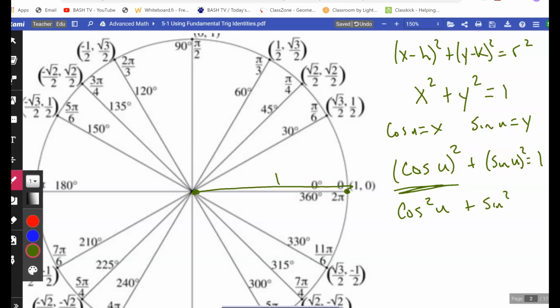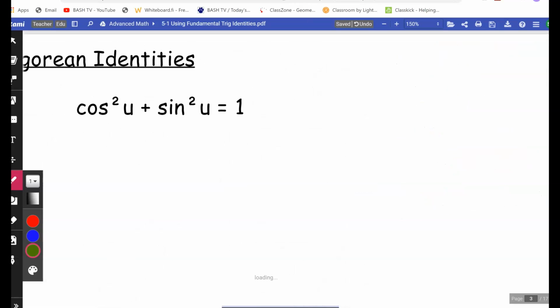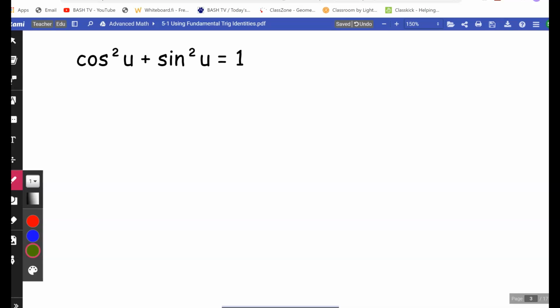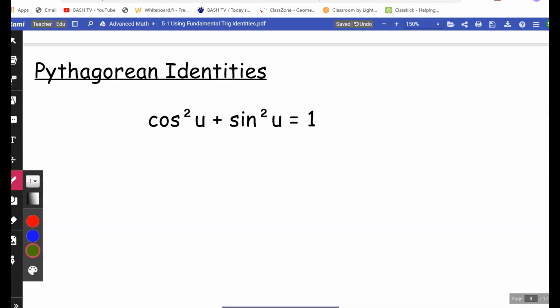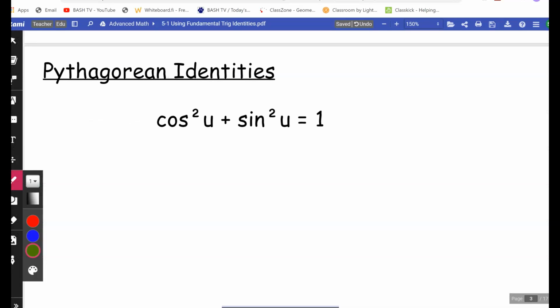Okay? So that becomes an identity. We call it a Pythagorean identity because it's kind of like a squared plus b squared equals c squared. All right, so that is an important identity that we need.